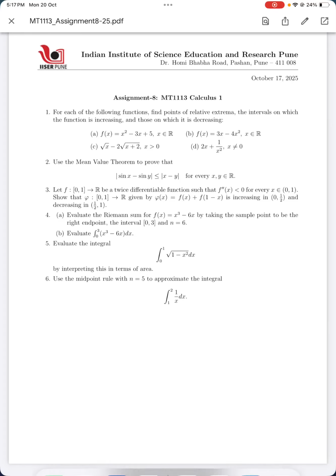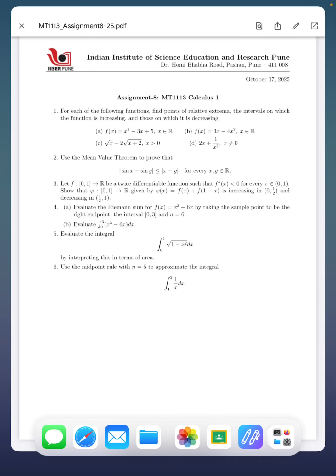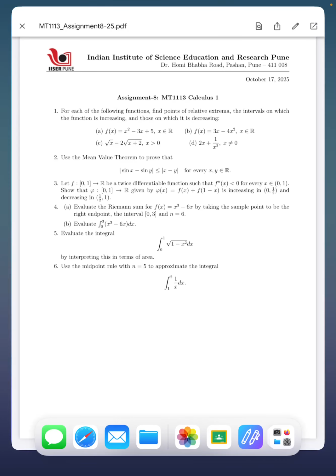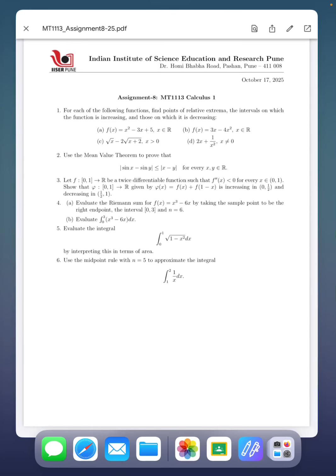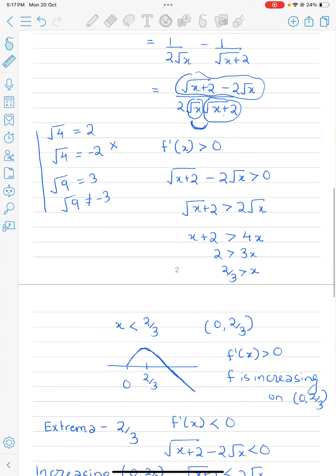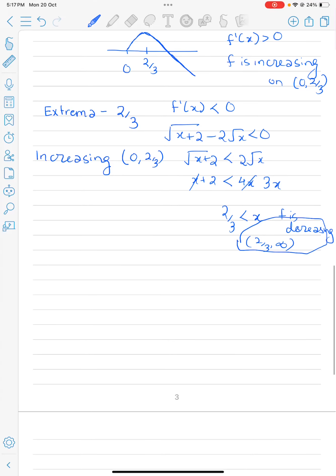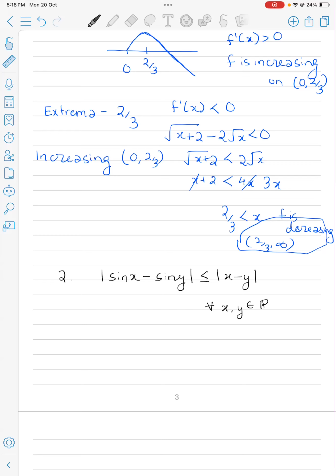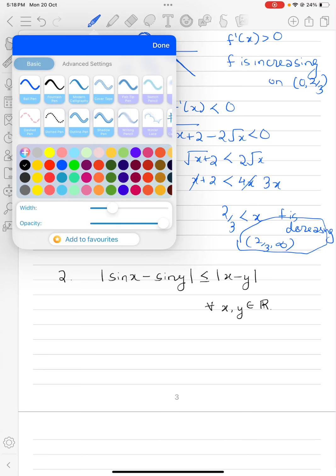Now let's move to question number 2. We have to use the mean value theorem to prove that for every x, y belongs to R, this inequality is true. You have to prove that |sin x minus sin y| is less than or equal to |x minus y| for all x, y belongs to R. How do you do it?